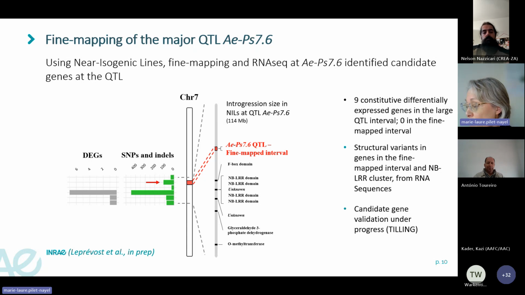But it's very complicated to know if the causal genes could be the NBLR genes close to the interval. If in the fine map interval we have an intron sequence which could interact with the NBLR genes, it could be a possibility.